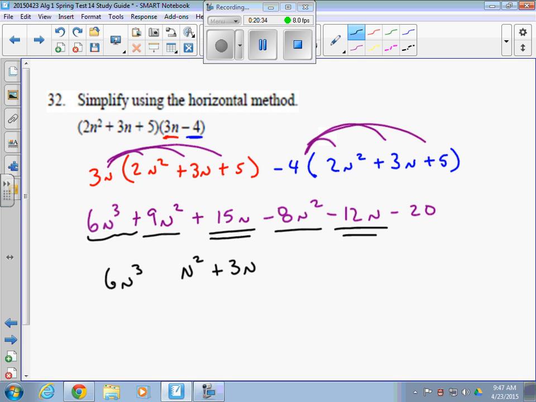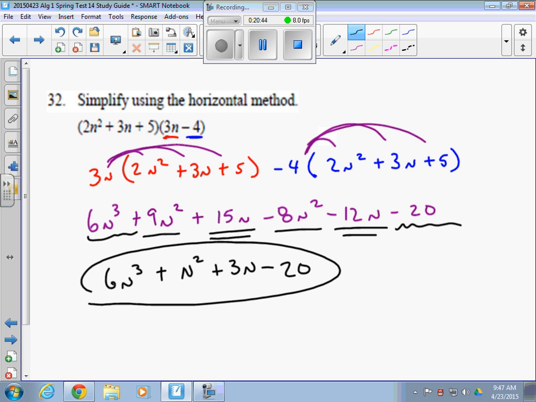That n squared was positive, so between those two we'll put a plus, and there's only one constant, in this case negative 20. So when you use the horizontal method to multiply these two, this is what you get. 6n to the third plus n squared plus 3n minus 20.